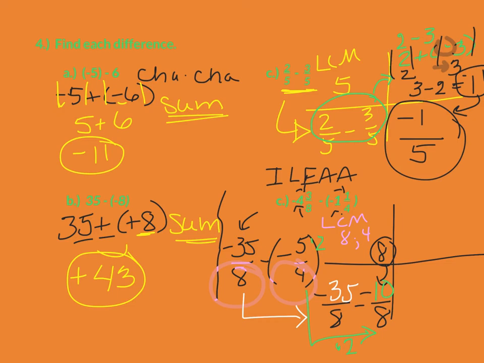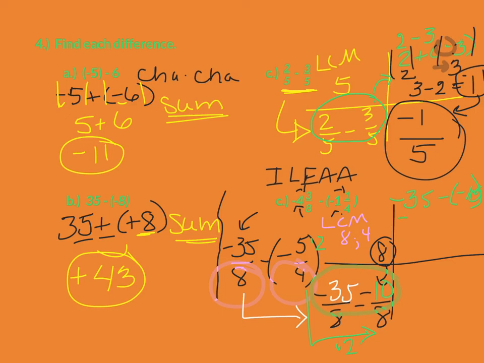So now I'm going to take everything that's happening with my numerators and move it on up to my next box. So that gives me negative 35 minus negative 10. There's a 10 there. Sorry, I kind of ran out of room.